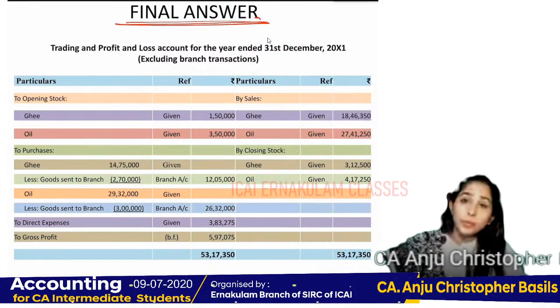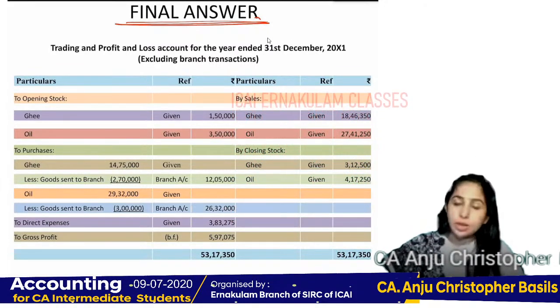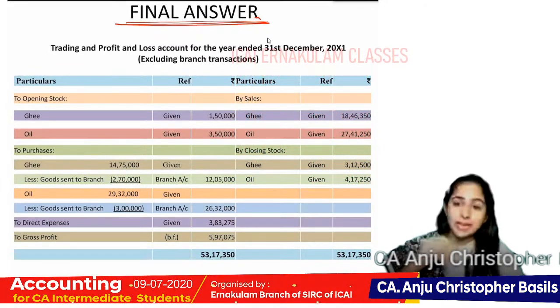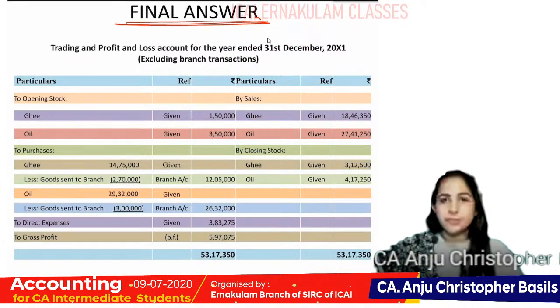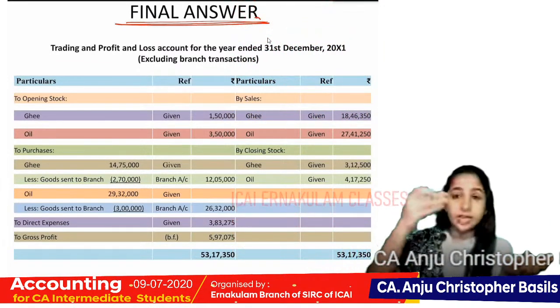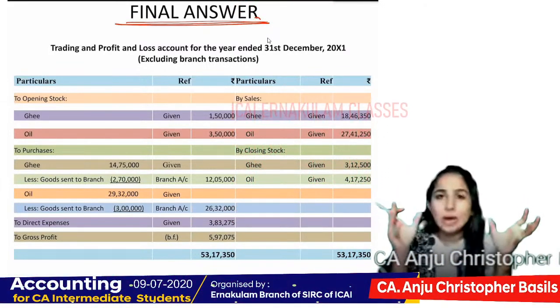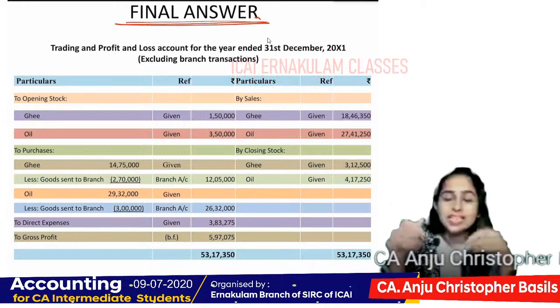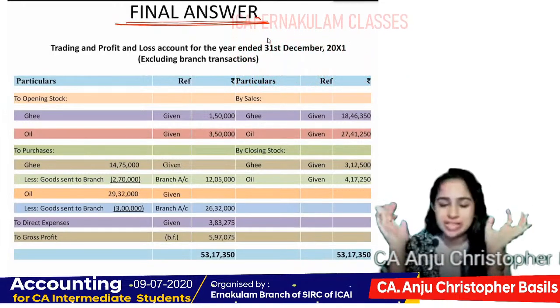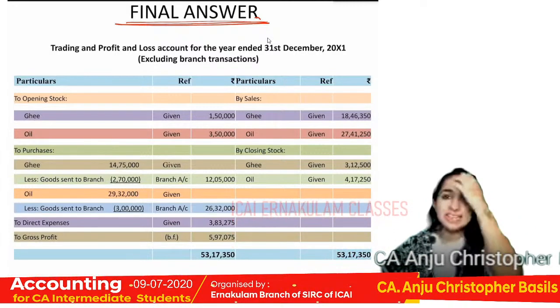Now the computation of closing cash. You have 500, 1,000 received, so total 1,500, of which you spend 850. The balance is 650. 500 you had. Along with that, you got 1,000. So total amount that you had was 1,500. Of this 1,500, you spend 850. The balance that you have is 650. So kindly take this down, everybody, students. The closing cash balance.